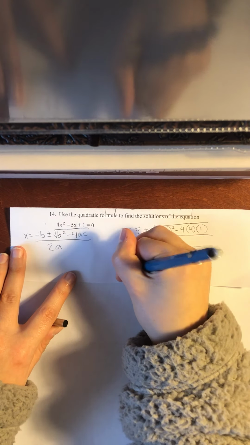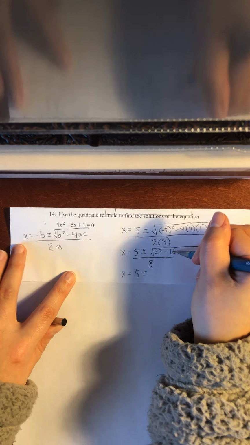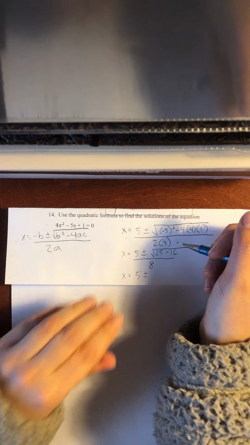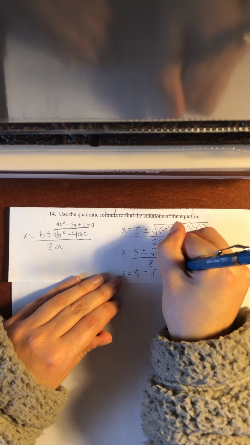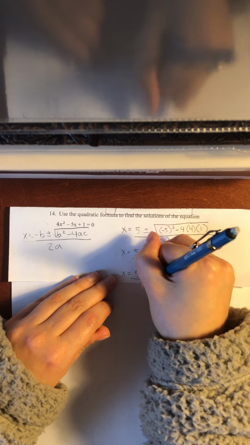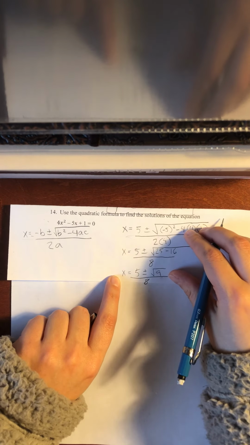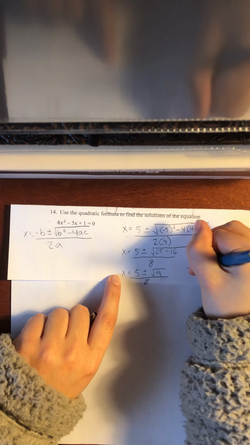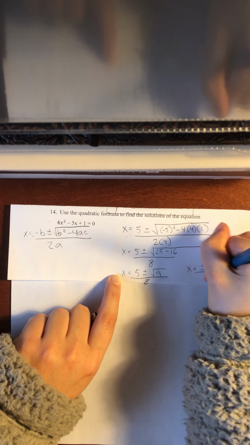And now it is x equals 5 plus or minus 25 minus 16, which is 9. Running out of room here. Okay, so now it is x equals 5 plus or minus 3 over 8.